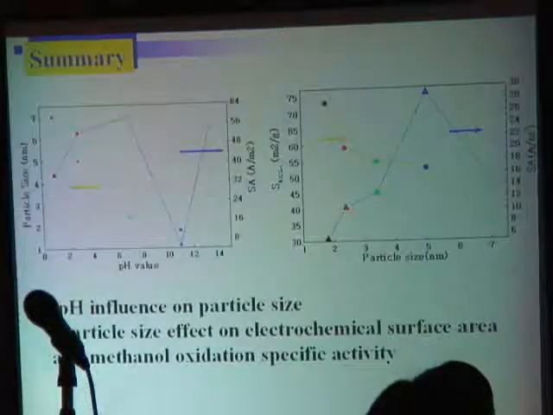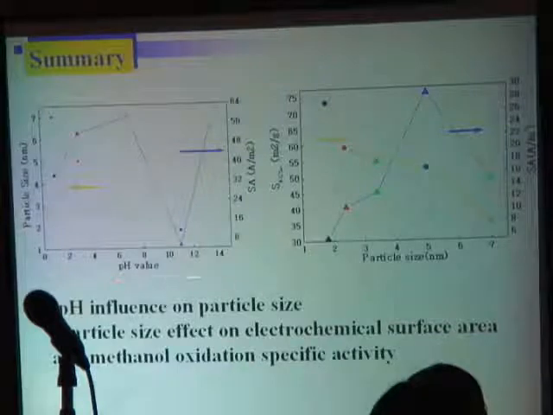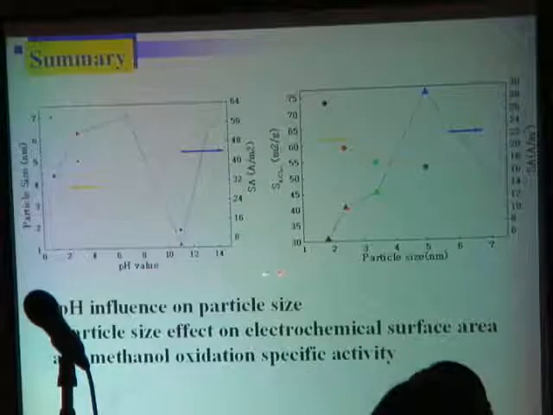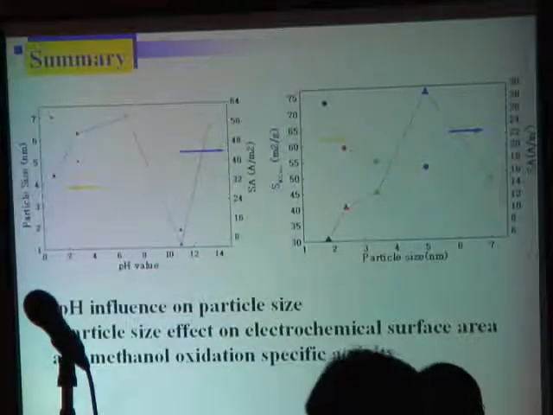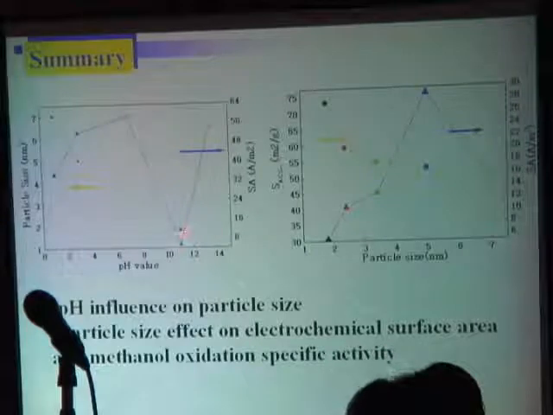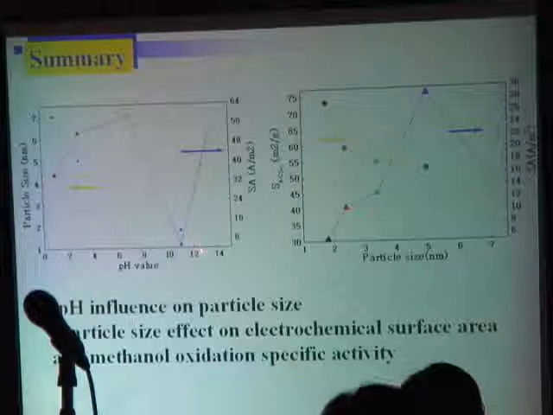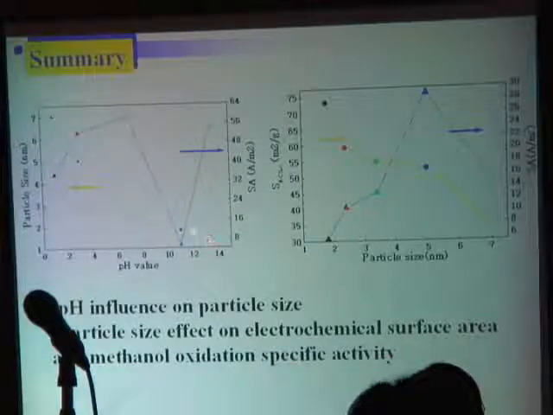Okay, let's go to the summary. From this figure we can see that the particle size changes with the pH value. At pH 11 it shows the smallest particle size, and it increases as the pH decreases, and also increases as the pH increases beyond this threshold value.